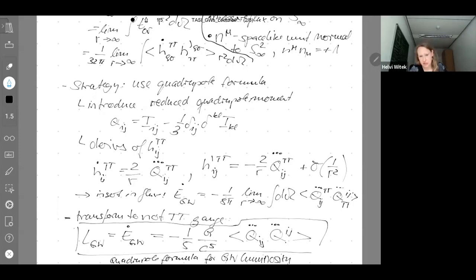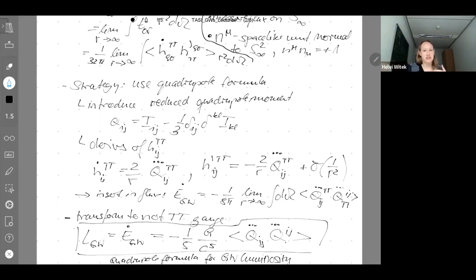Okay, so in our expression for H prime, I've skipped several steps. If you take the derivative, you use the fact that we are working with a retarded time. Then you find one term that I've written out here, which is this -2/r times the third time derivative. And then you get a second term that scales like 1 over distance squared. Remember, we are interested in the far field, far away from the source.